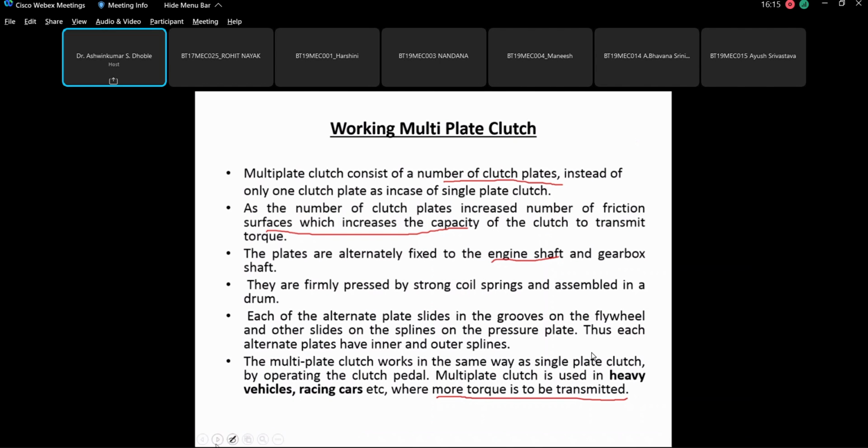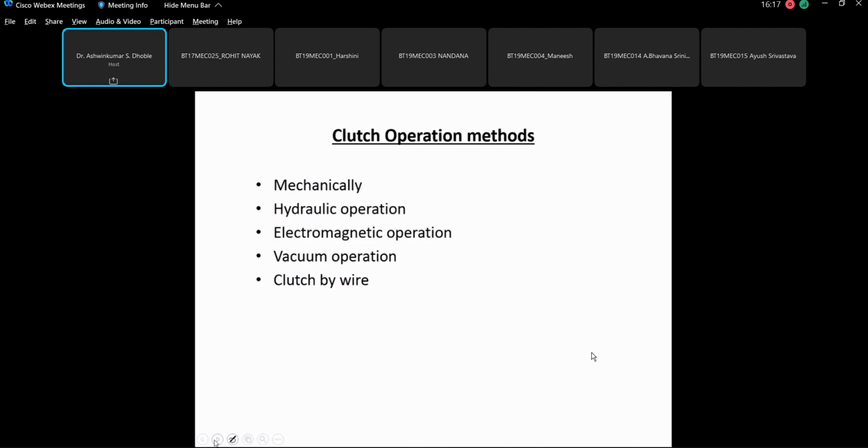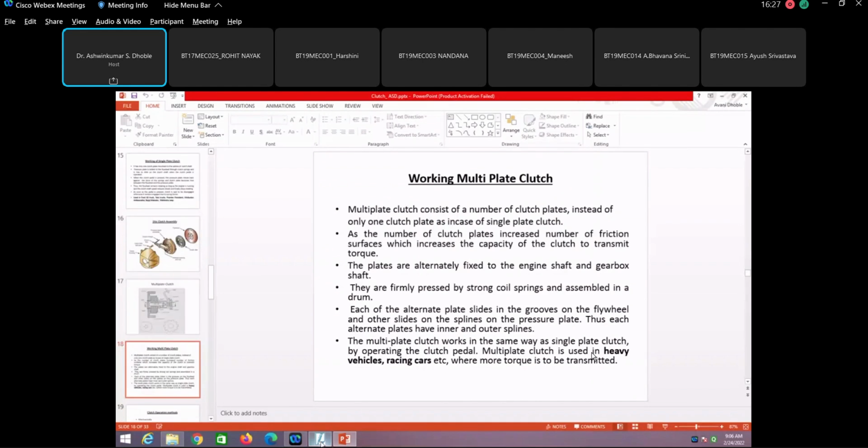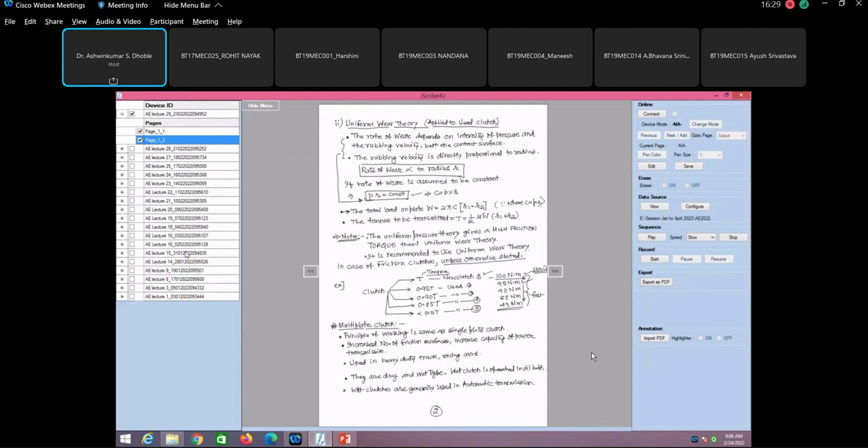So this is the principle of the multi-plate clutch. Now we are going to write down some equations for the multi-plate clutch, where the number of contacting surfaces plays a role.